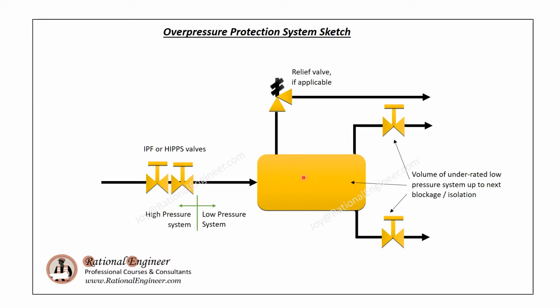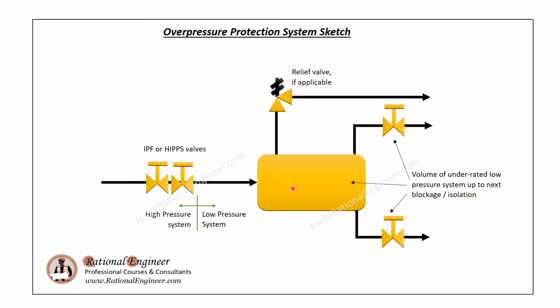This is the primary barrier. In case this cutoff of inlet shutdown valve did not function, then the relief valve can act as a secondary barrier to prevent the overpressure.